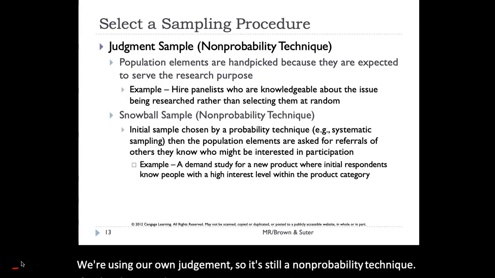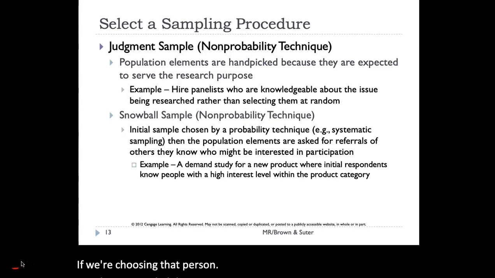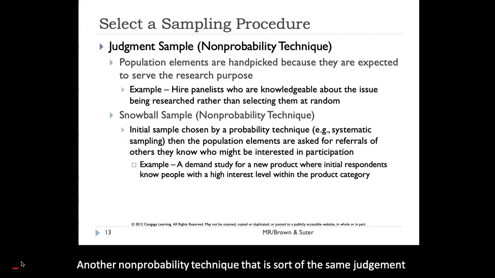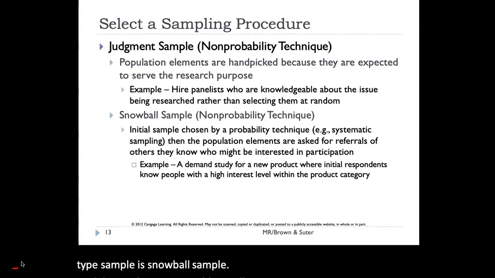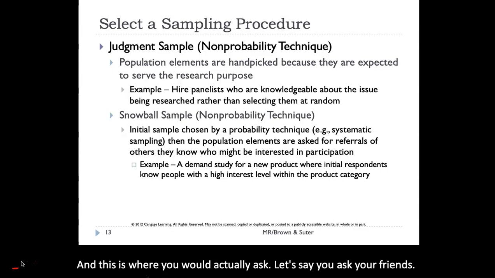Another non-probability technique that is sort of the same judgment type sample is snowball sample. And this is where, let's say you wanted to ask your friends a certain question for school. Then once you ask the question, you would ask them, is there someone else that I can ask?